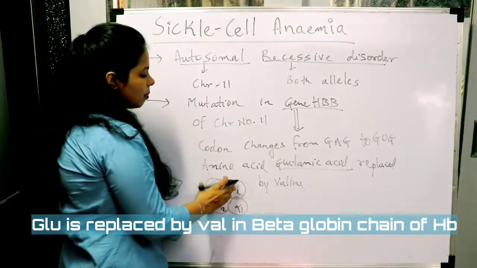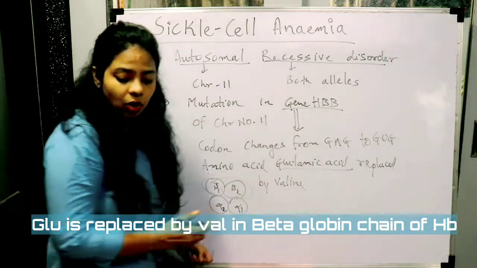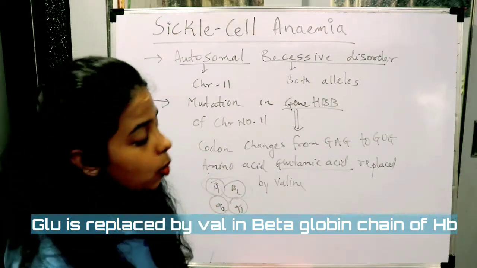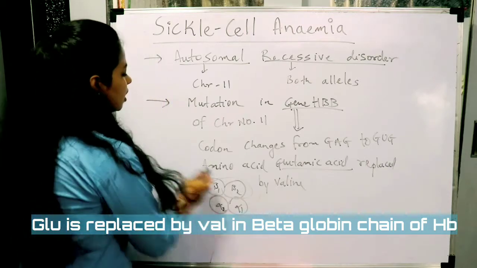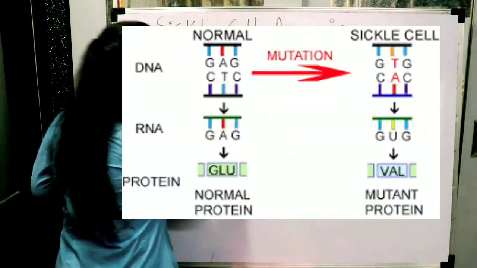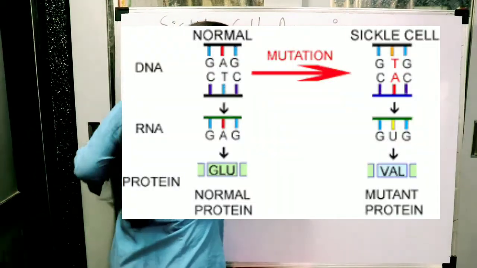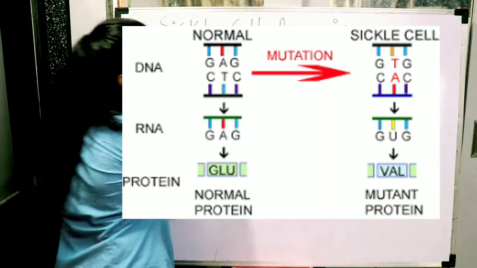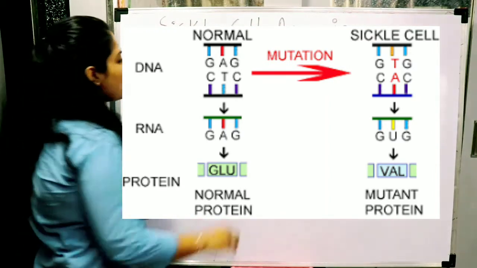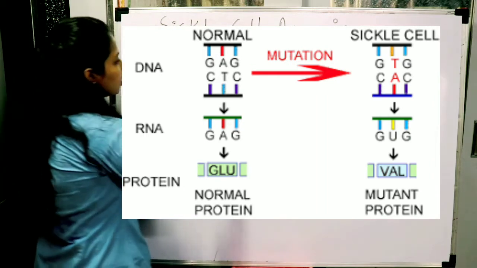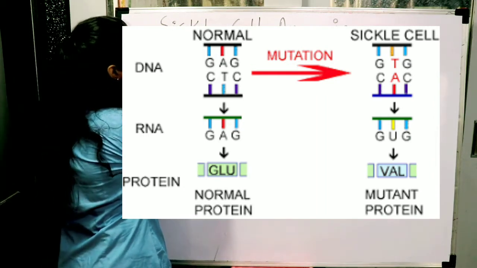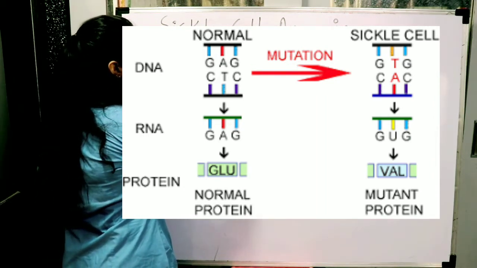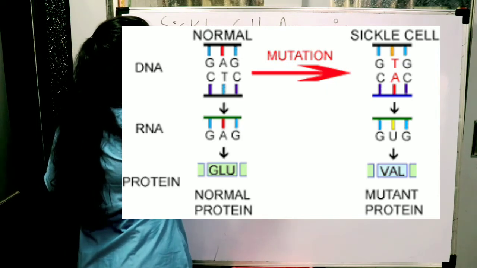And due to this, what happens? When this beta chain is abnormally produced, then in low oxygen concentration the defective hemoglobin is produced, and because of this abnormal hemoglobin, biconcave RBCs are not produced.